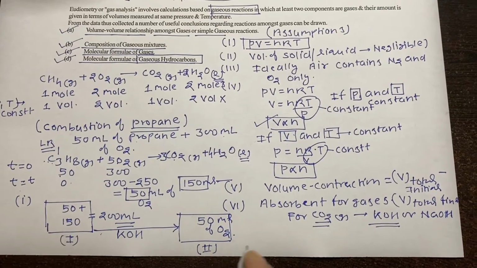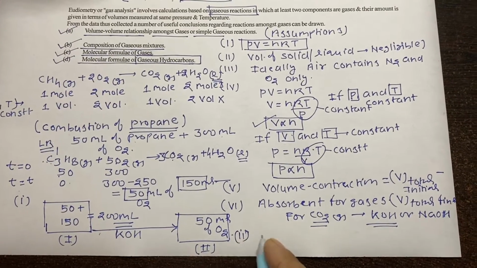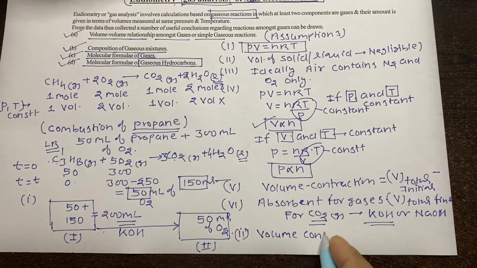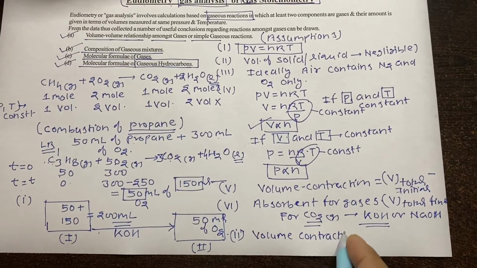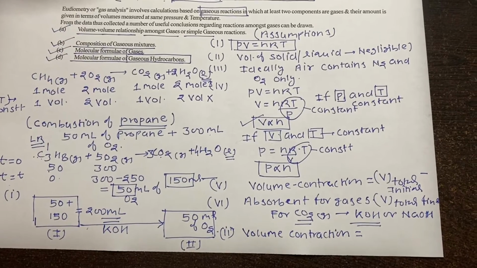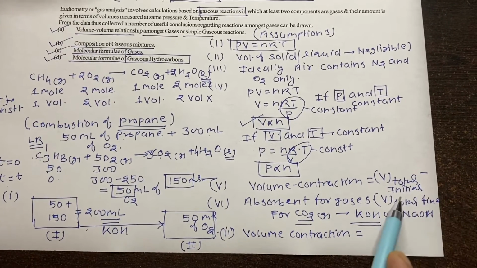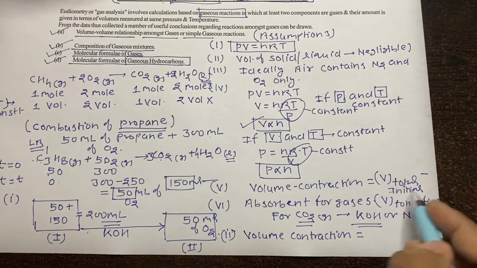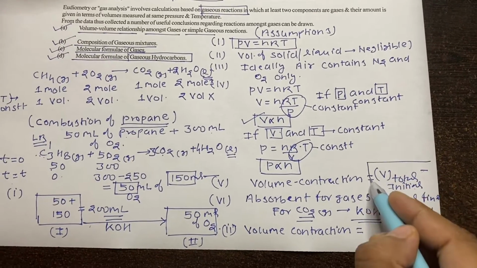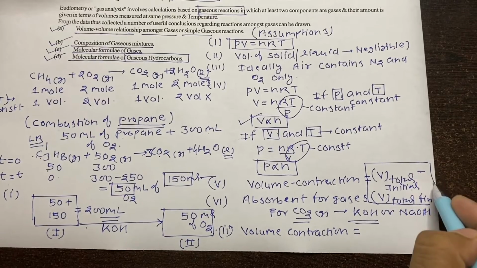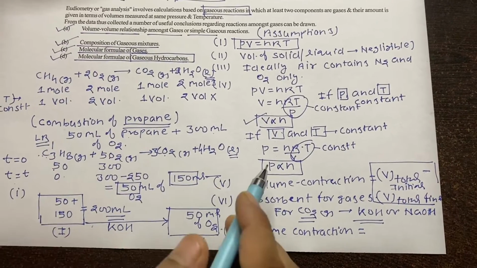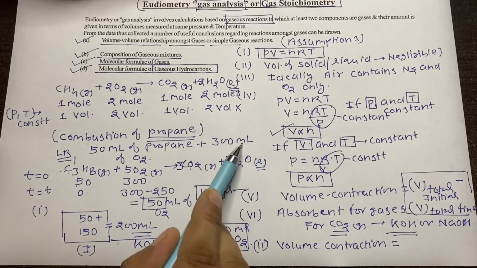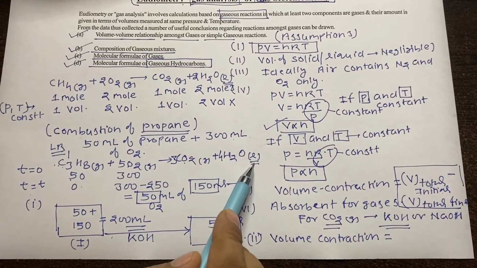Now, if it is required to calculate the volume contraction in the above question, definitely the volume contraction, as I told you, is V total initial minus V total final. Why is the volume contraction taking place for this reaction? Because the H2O vapor is converted into liquid.